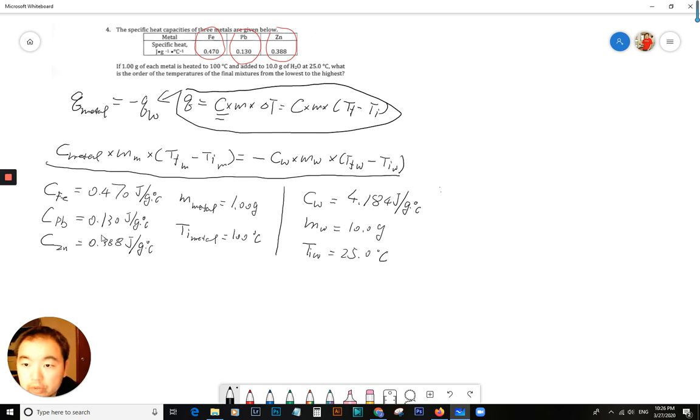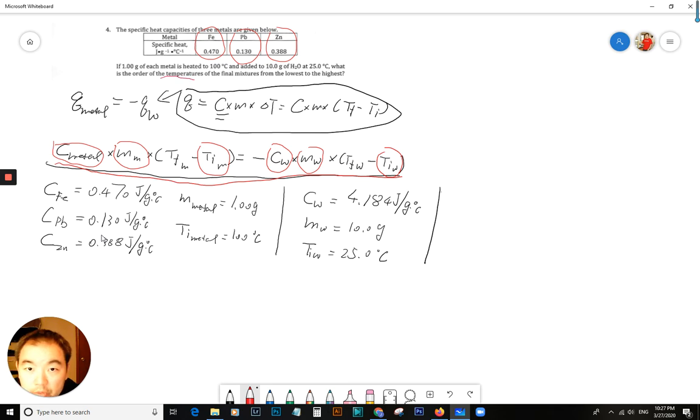If you look at this equation, you can figure out we already know the specific heat of the metal, the mass of the metal, the initial temperature, the specific heat of water, the mass of water, and the initial temperature of water. What we don't have is the final temperature of the metal and the final temperature of the water.